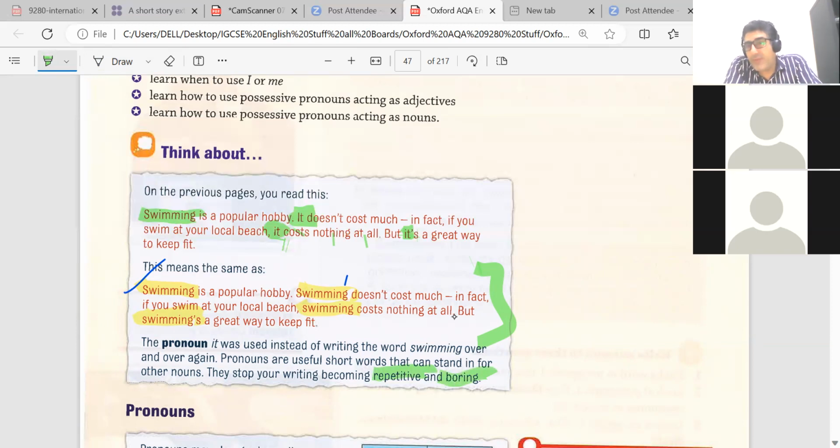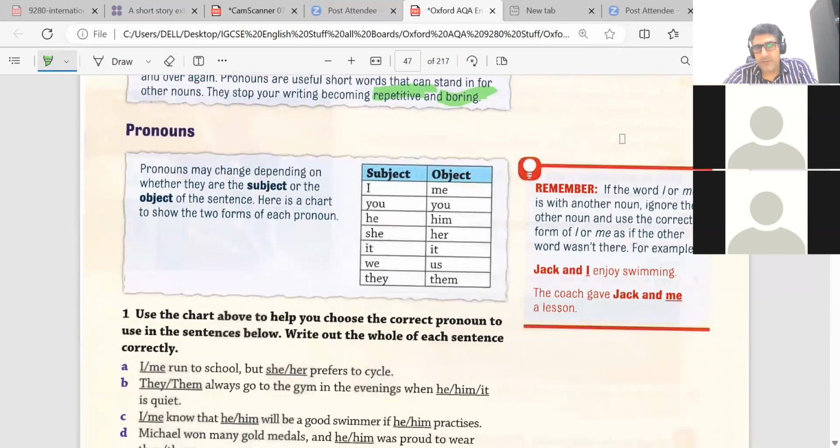Please don't repeat nouns. Avoid repeating nouns to produce interesting and strong writing. Even while speaking, you can use pronouns. Okay? Okay, shabab? Clear? Yes. Right.